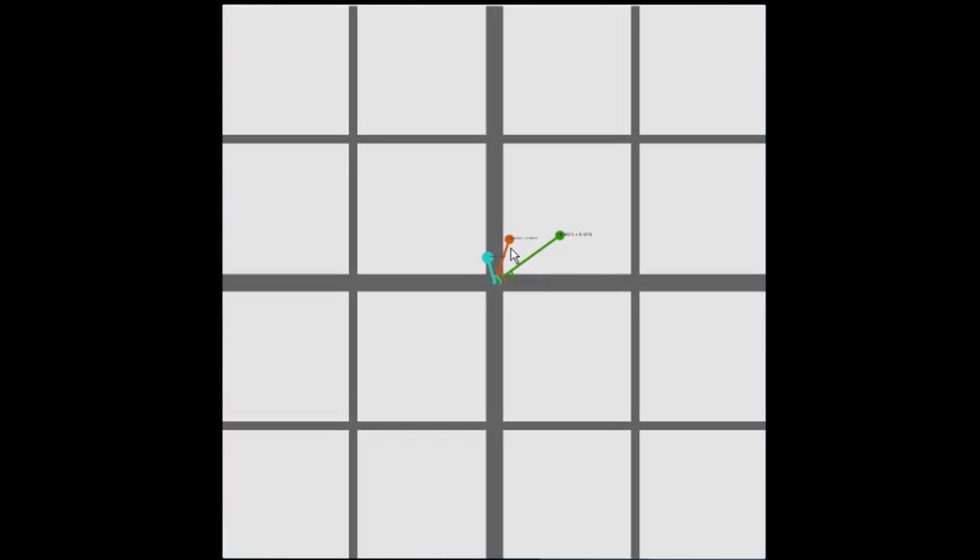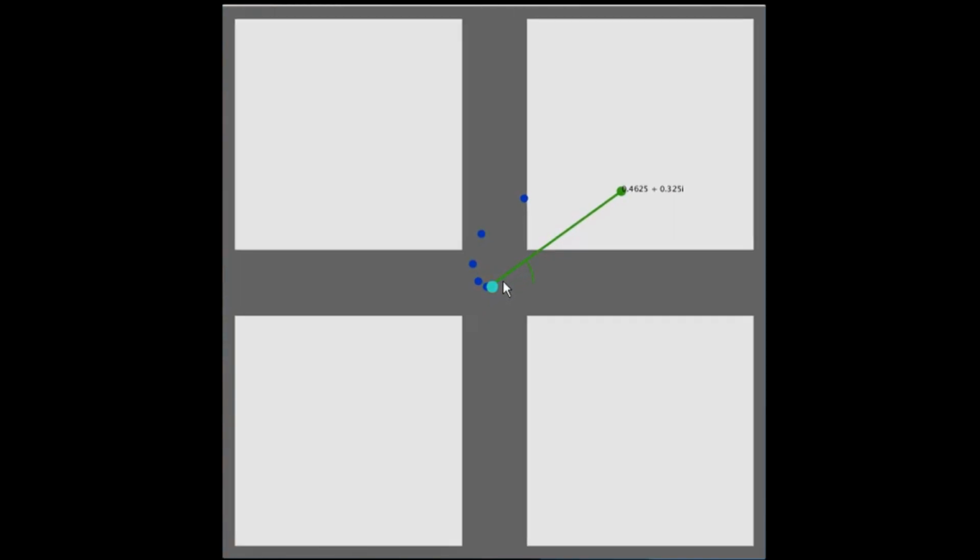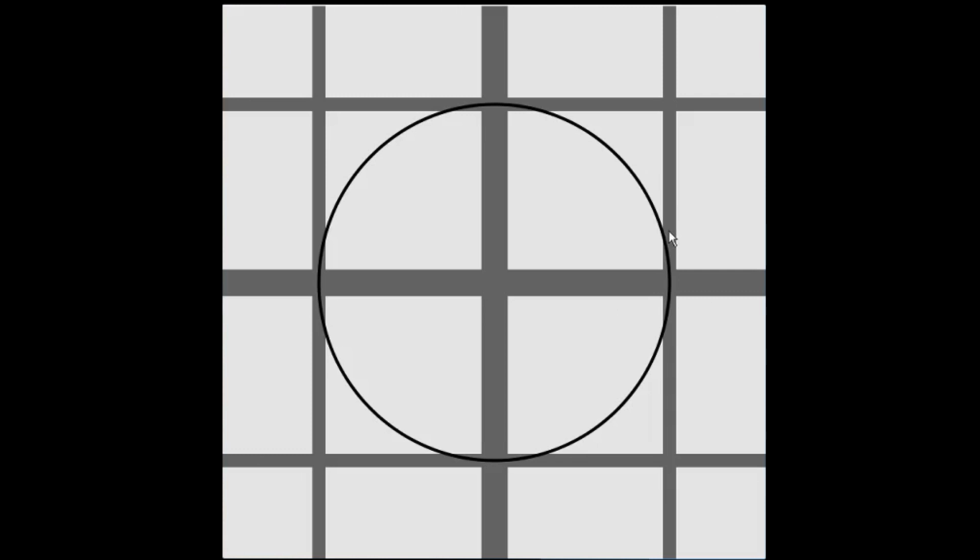But now, what if the number has a magnitude less than 1, right? Something like this. If we multiply it by itself, well, we're going to get the same angle thing. It's going to spiral, but now, since it's multiplied by a number less than 1 over and over again, the magnitude is going to get smaller and smaller until it's very close to 0. So let's just start a circle, right?